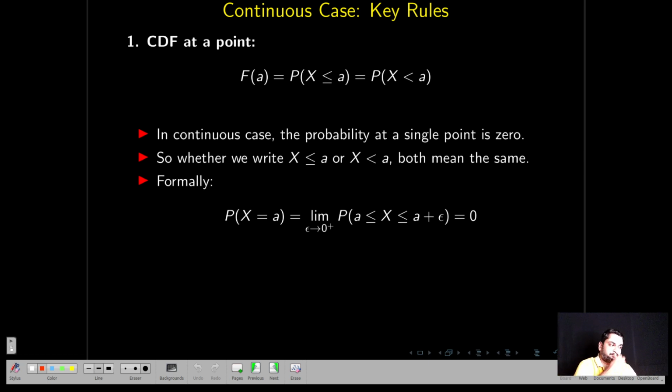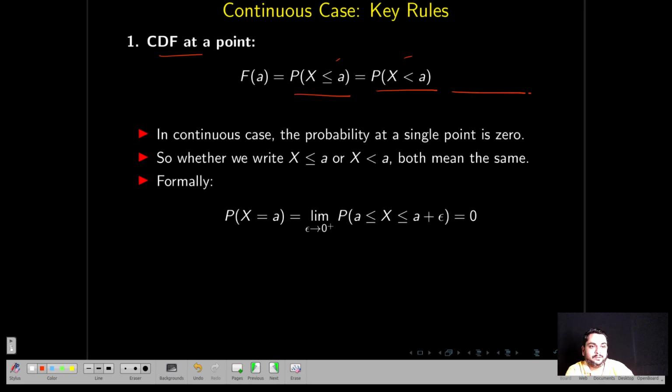Next. There are some rules. If you remember the discrete case, you have learned some rules, right? Here it is very relaxed, meaning there is no point probability. P of X equal to 0, P of X equal to 1 are point probabilities. Here it's a curve. So CDF at any point, P of X less than or equal to a, is also equal to P of X less than a. In the discrete case, they are different because it's a point probability.